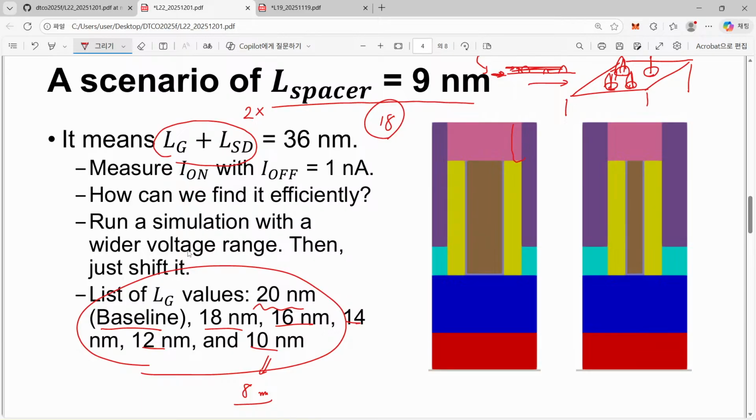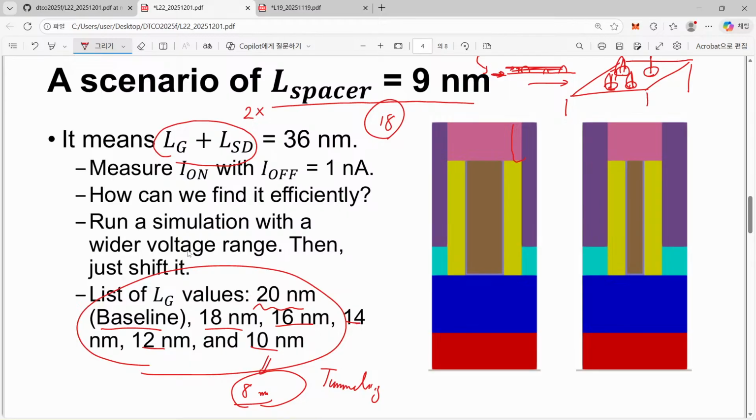We can make an 8 nanometer long channel in real fabrication. But before talking about any kind of electrical property, already in an 8 nanometer long channel device, tunneling actually occurs between source and drain. Source and drain are so close, so we can have source and drain tunneling.